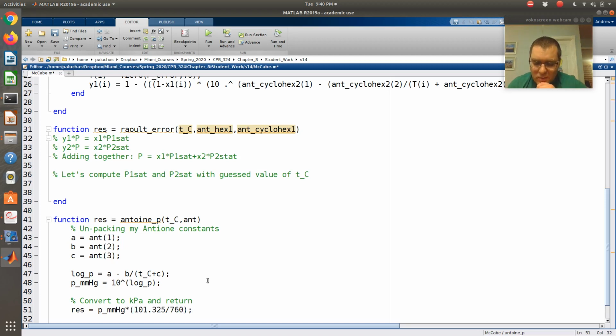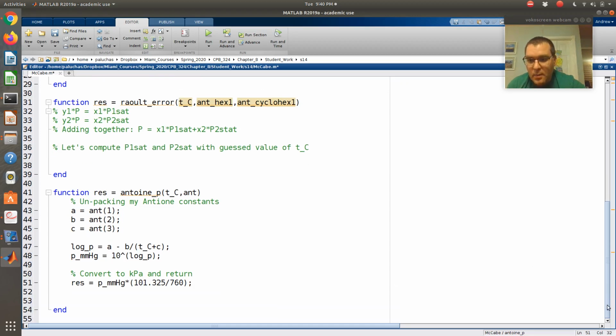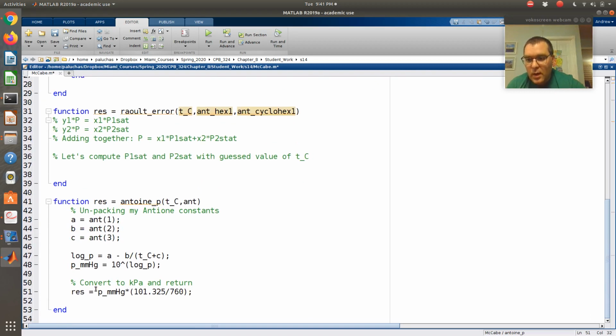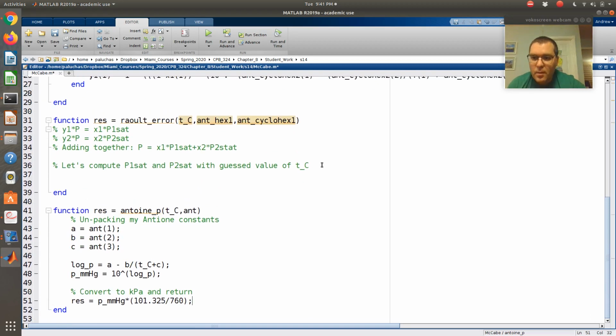Because it's 1.01325 times 10 to the 5 pascals. So 101.325 kilopascals. Okay, so let me return my vapor pressure. Bam. Okay, so bam. So let's compute with guess value of Tc in kilopascals.